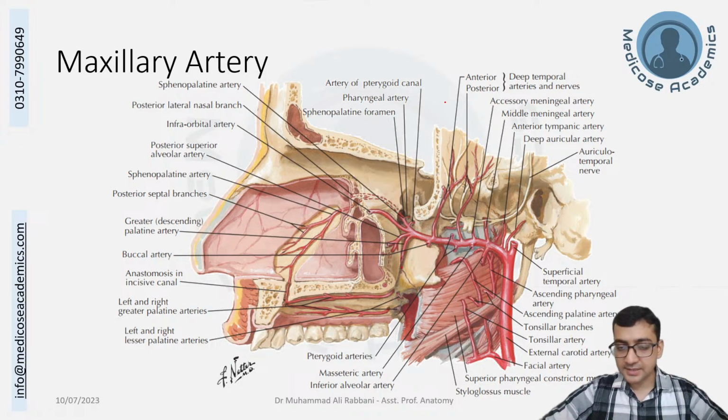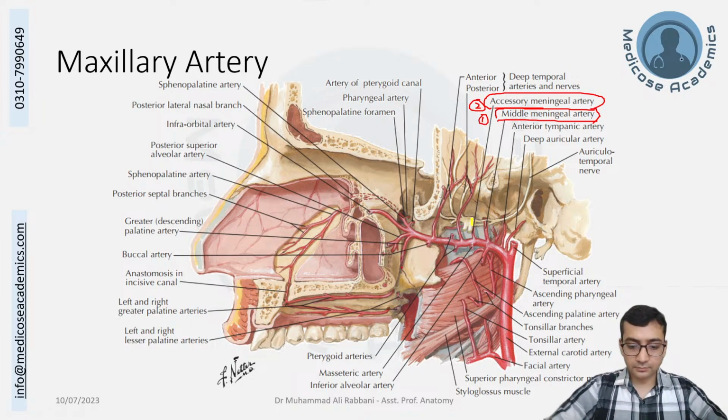You have read about the skull, you know about the foramina of the skull and the structures that are passing between them. These are the true branches that are going to supply the meninges. There is the middle meningeal artery right here, and there is the accessory meningeal artery right here.